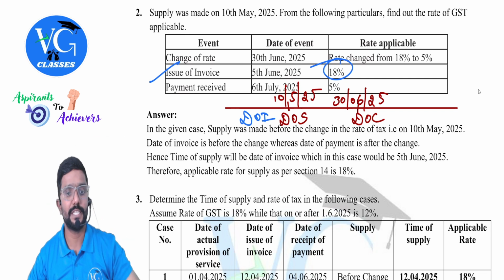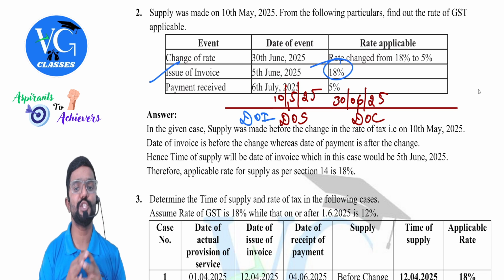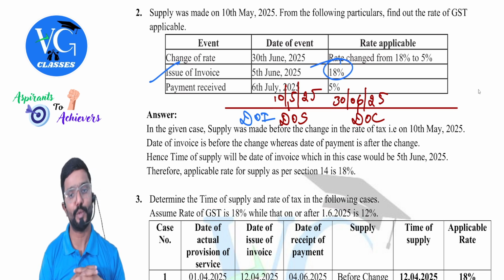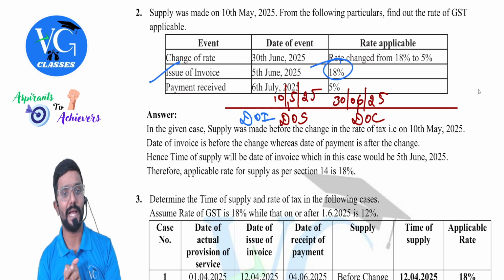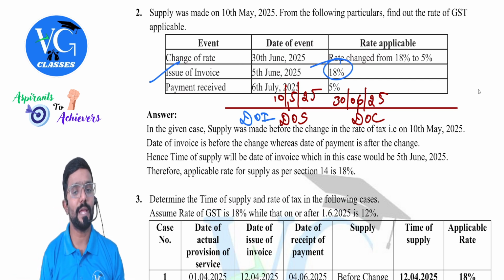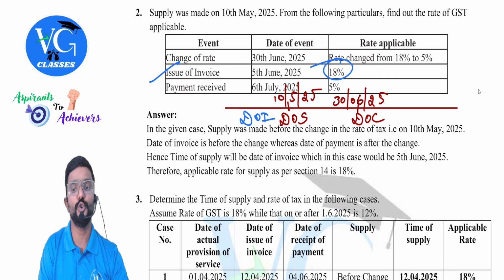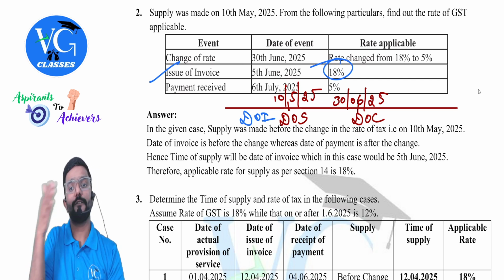In the given case, supply was made before the change in the rate of tax, that is 10th May 2025. That is the date of supply. Date of invoice is before the change, whereas the date of payment is after the change. Hence, the time of supply will be the date of invoice, which in this case is 5th June 2025. On that day, what is the rate? Is it 18% or 5%?